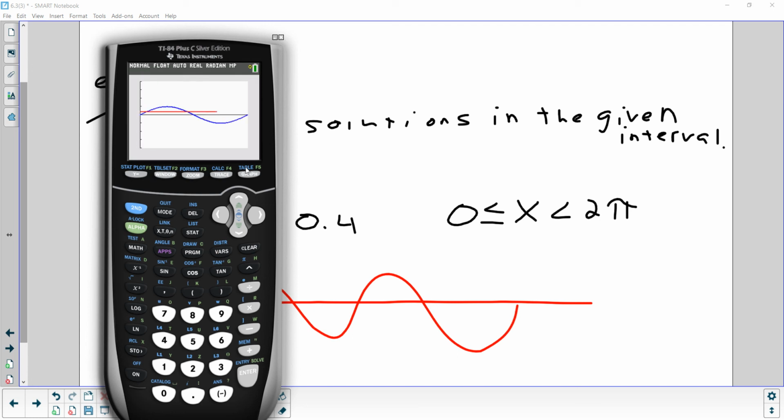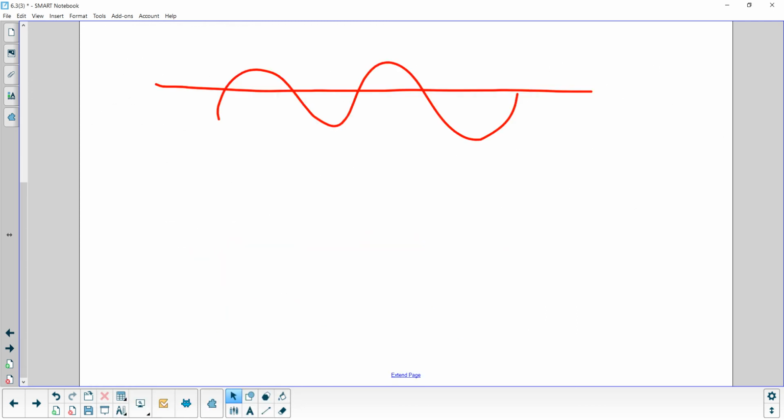And you're basically looking at one full cycle. So we get two different answers. Let's do second calc, intersect, and then we just have to find both. Move your cursor closer to the one on the left, and the first one, I'll just put them down here.